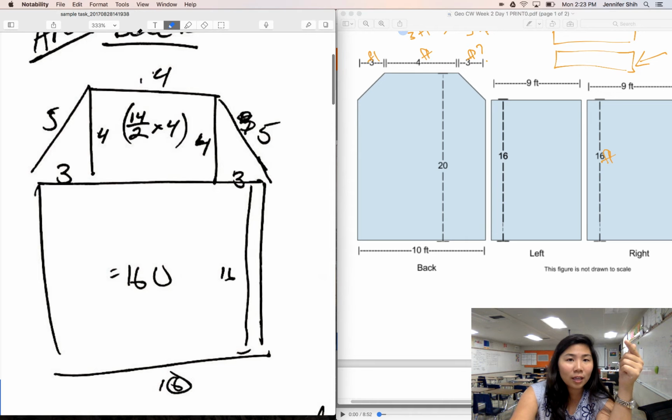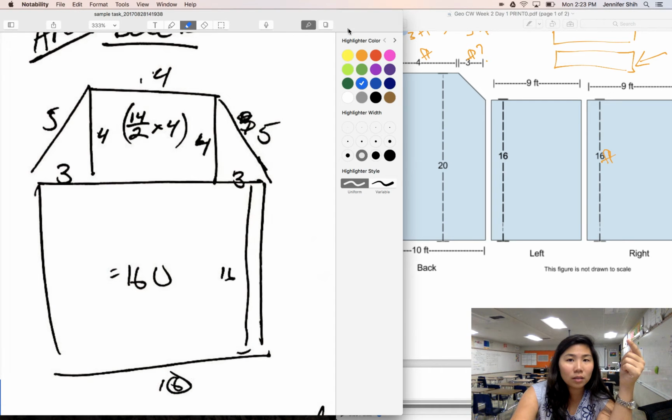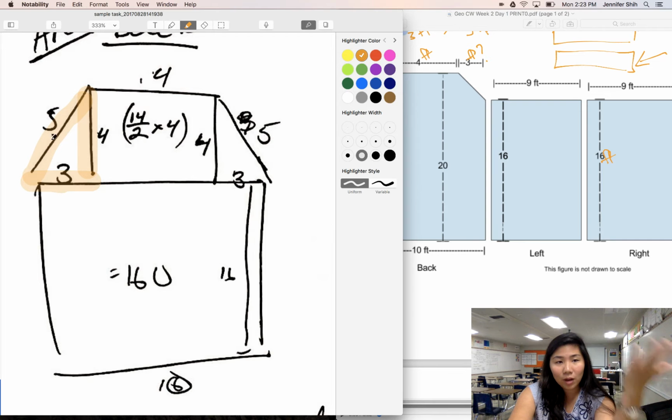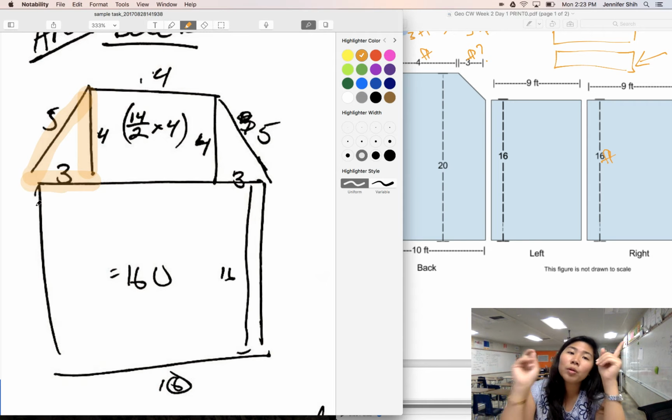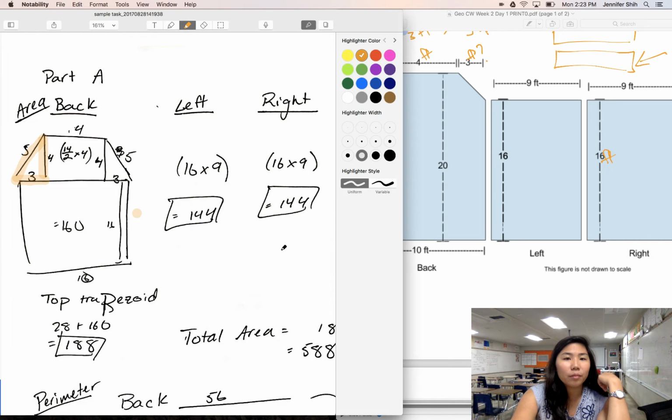This length here is 3. So if this is 4 and this is 3, then this side is 5. If that's a special right triangle, if you don't know what that is yet, just take this as a hint that if you do the Pythagorean theorem with 3 and 4, you'll get a 5 on the side here, which is helpful for perimeter and not area. Back to the perimeter.